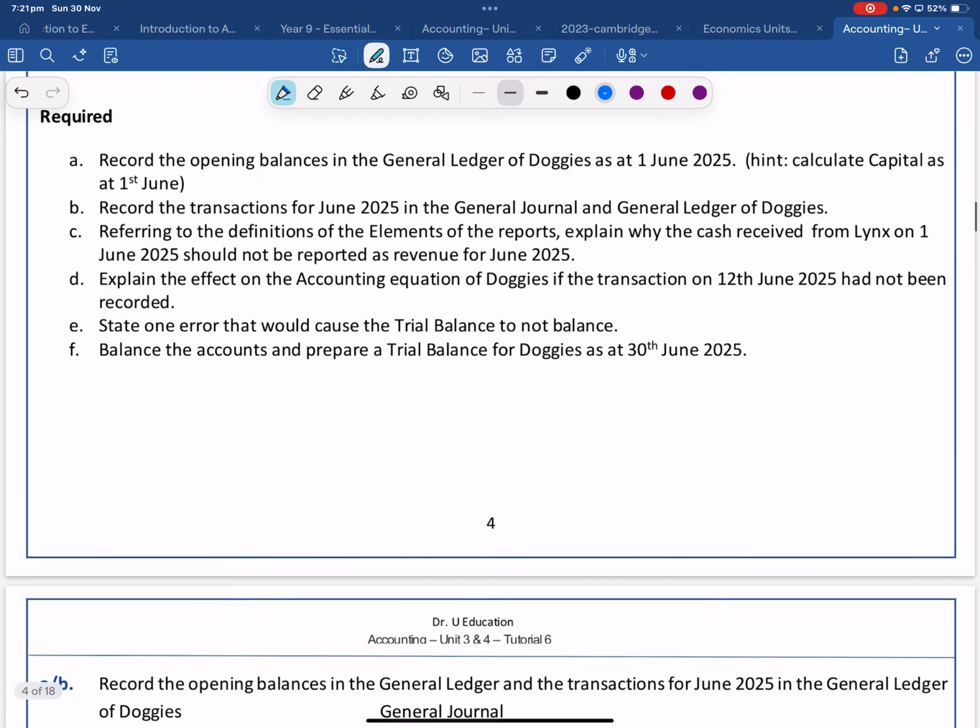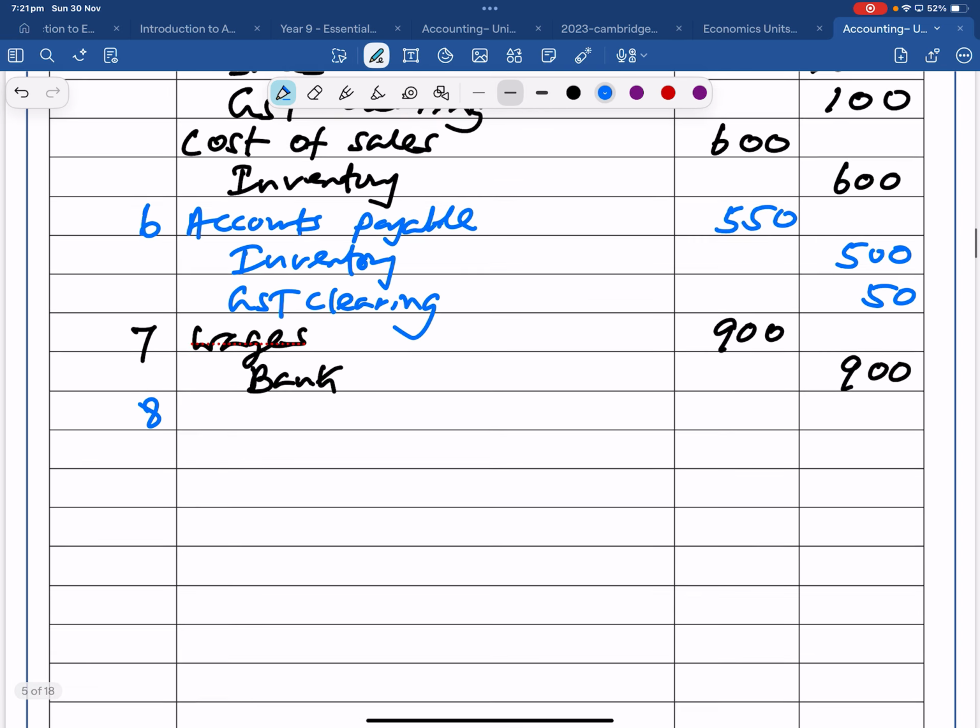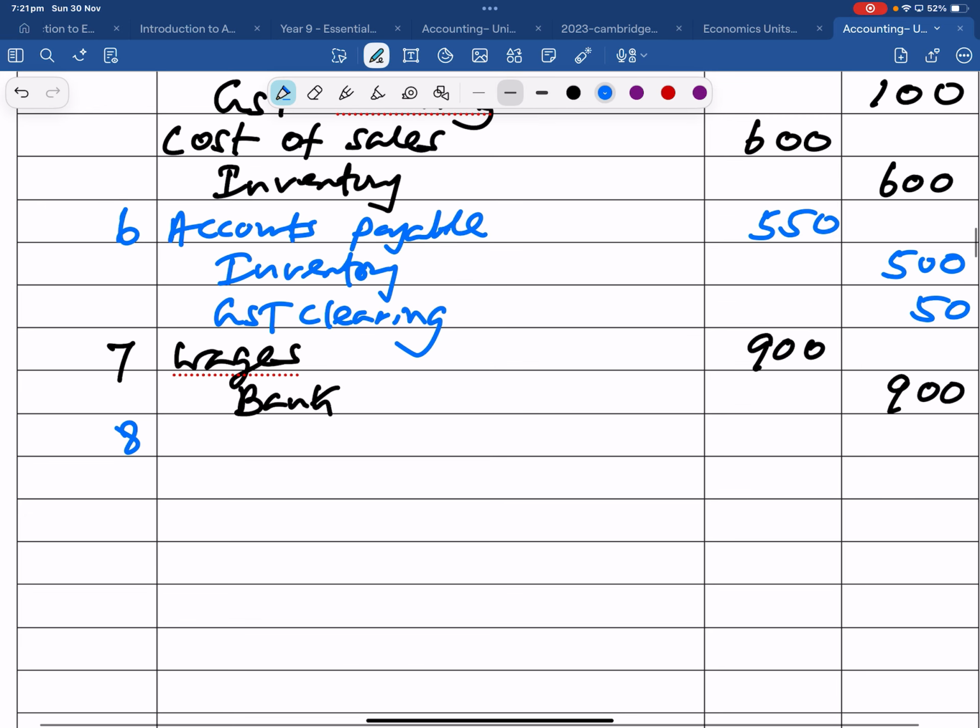Anybody want to volunteer? Sales return. Okay, we'll give to someone else. Varun, you want to try? Sales return debit. I couldn't explain one thing.